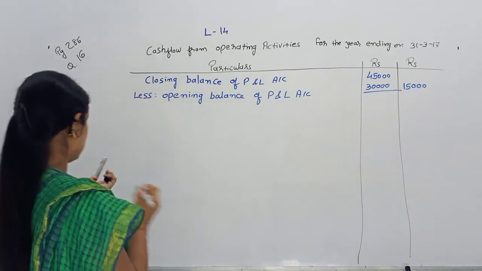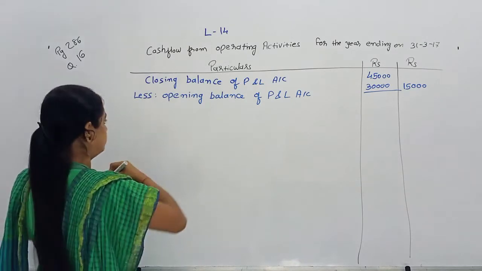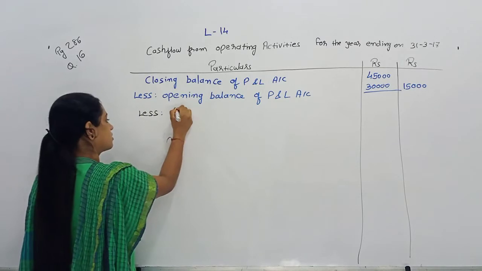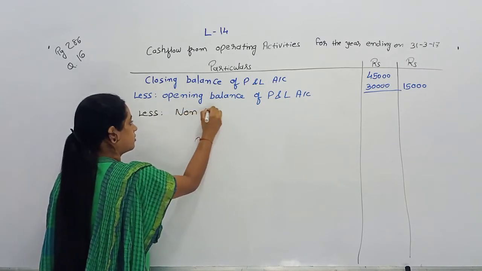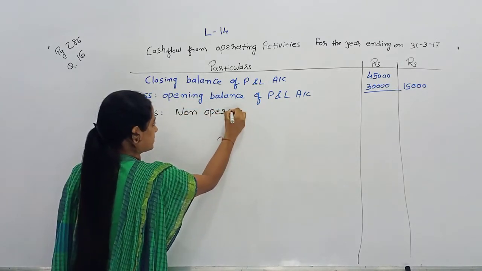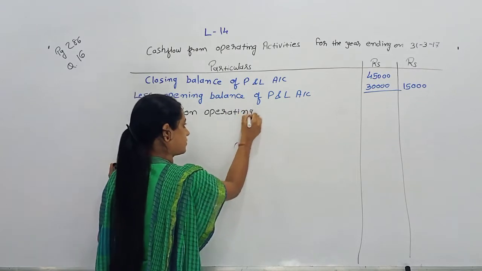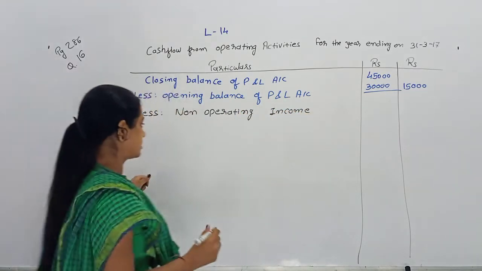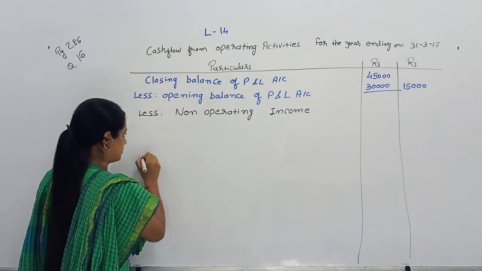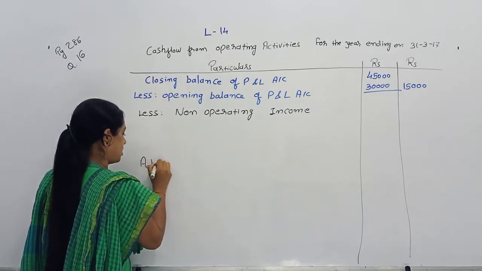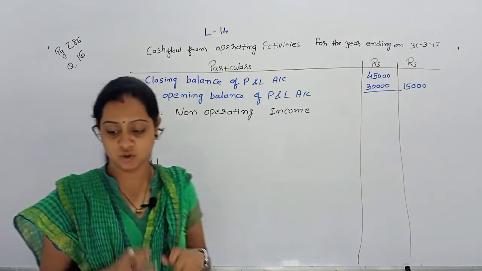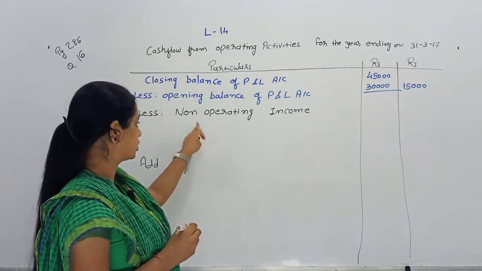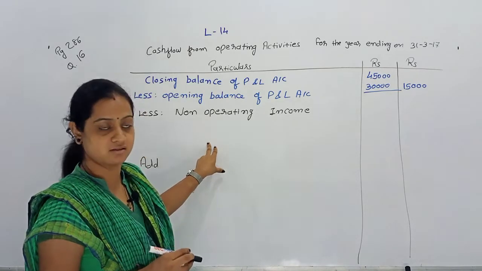After this, we have to deduct non-operating income. Right? Then we have to add. I read the question and I know that there are only two income. That's why I left only 2 to 3 lines, right?